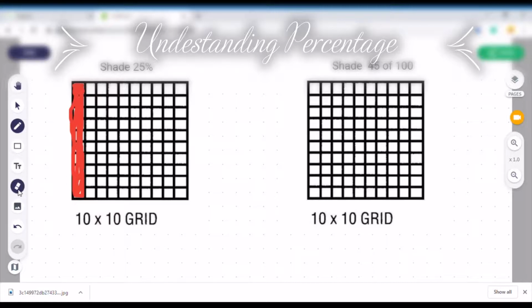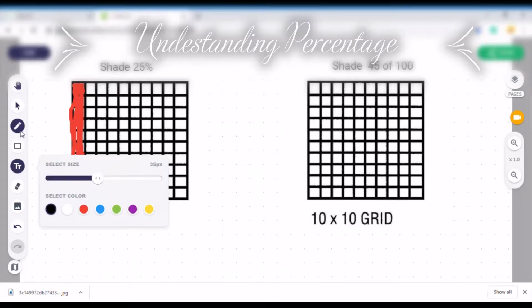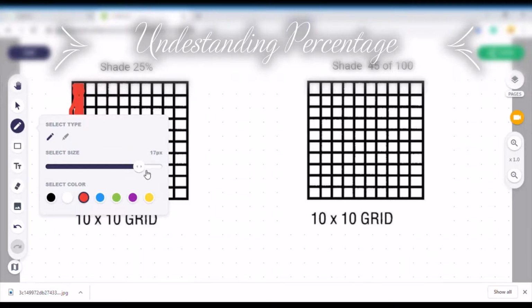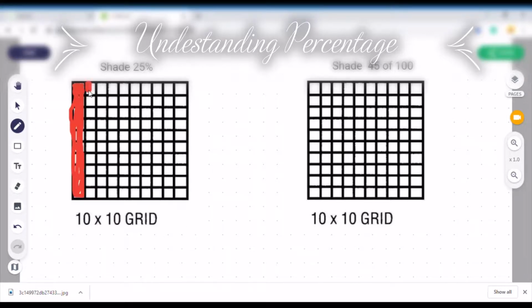Oh, sorry, let me make it thicker. So this should be 20.